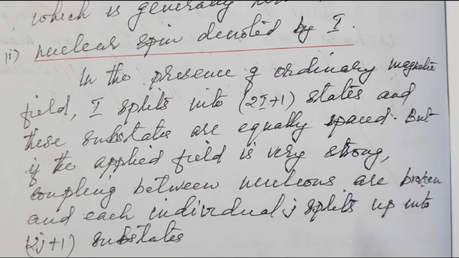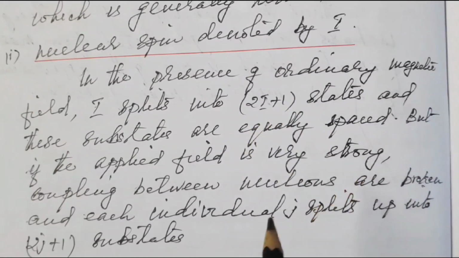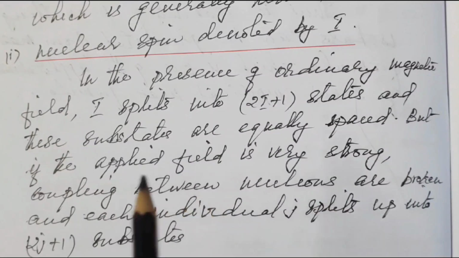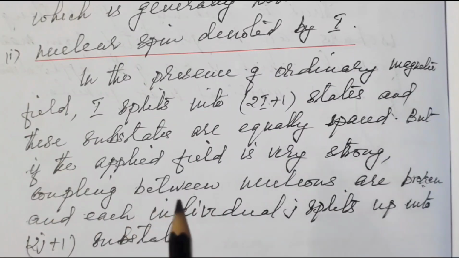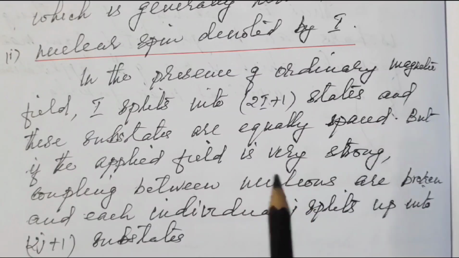So at ordinary magnetic field, I splits up into 2I plus 1 substates, whereas when the magnetic field applied is very strong, J, that is the angular momentum of each individual nucleon, splits up into 2J plus 1 substates, and it gives out a very complex spectrum.